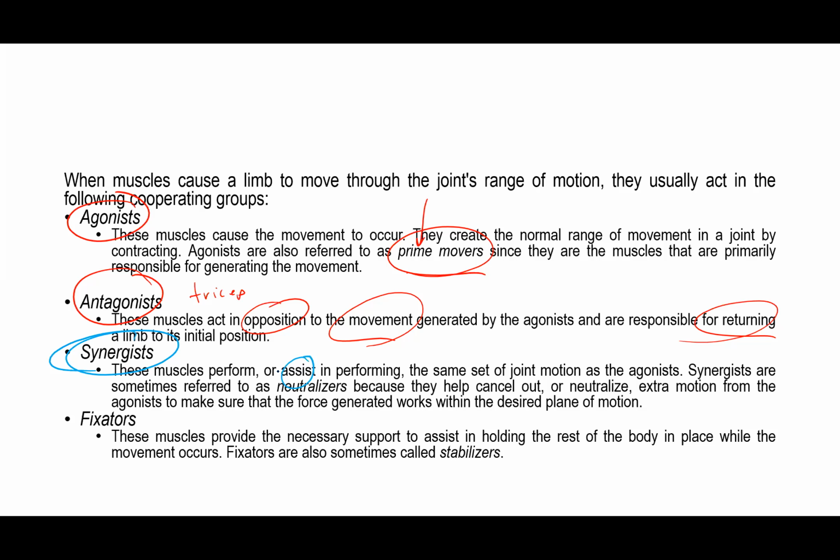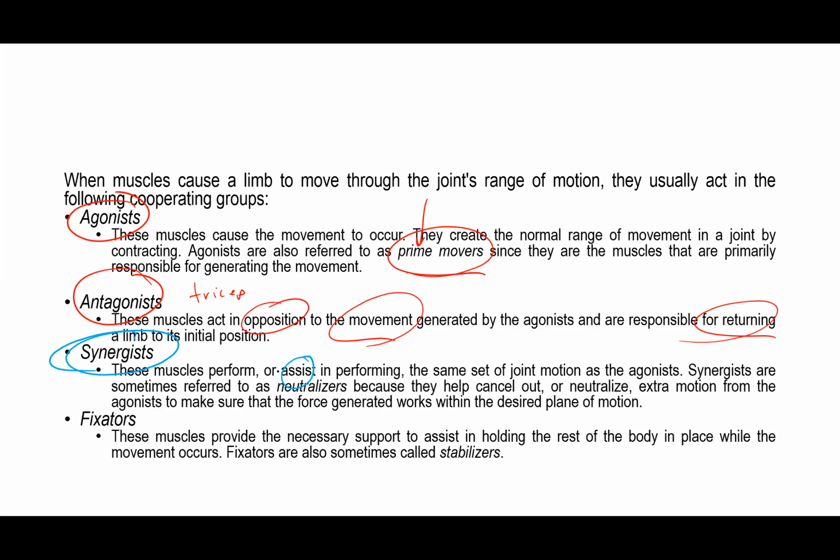Yes, you're using your chest muscles, but you're also using your tricep to do that action. You're gripping the bar, so you're using your forearm muscles as well. So these would be synergistic muscles, muscles that assist in doing the movement. Okay.